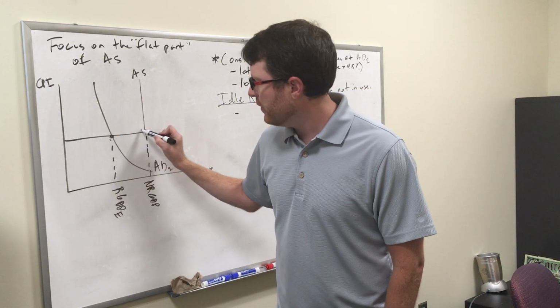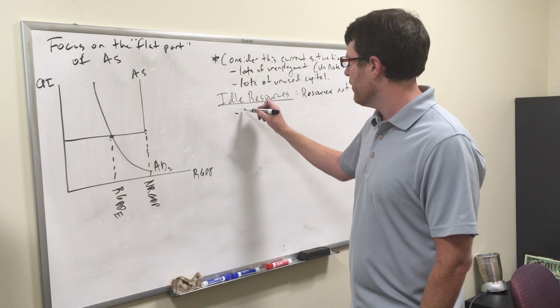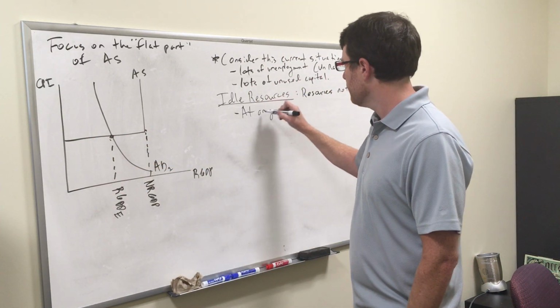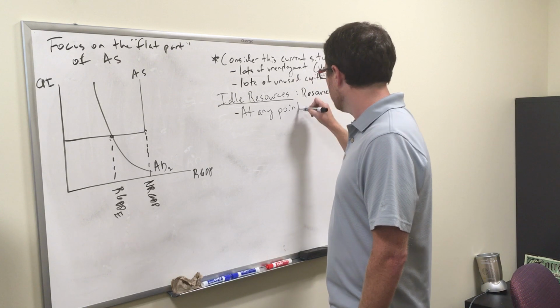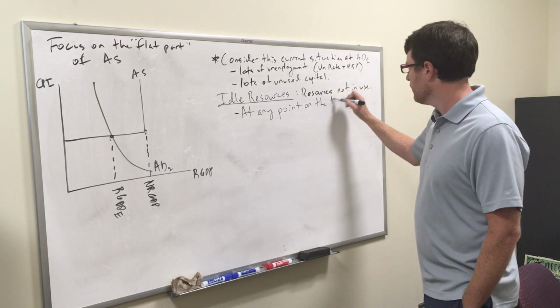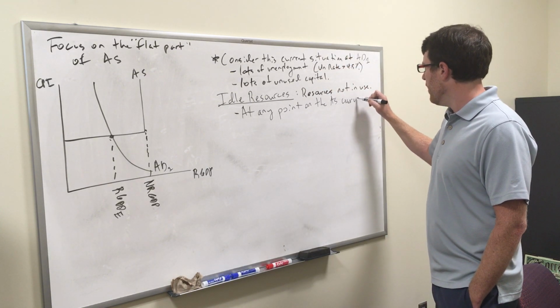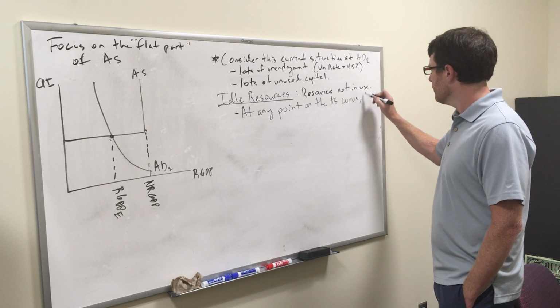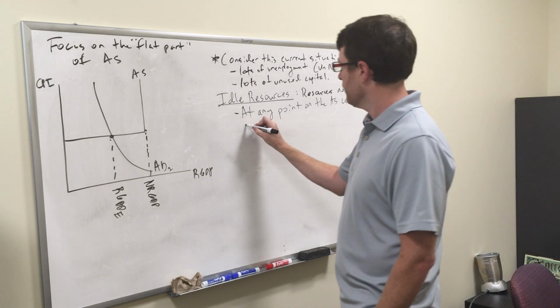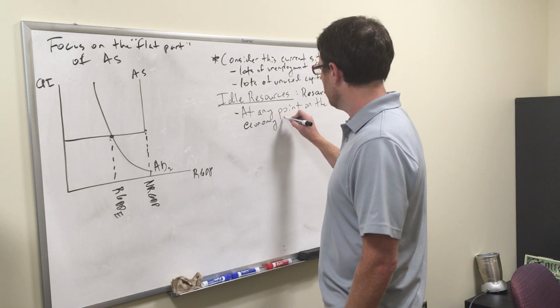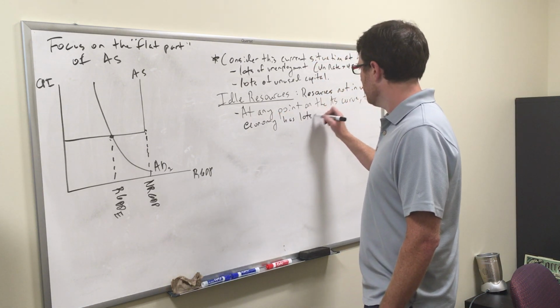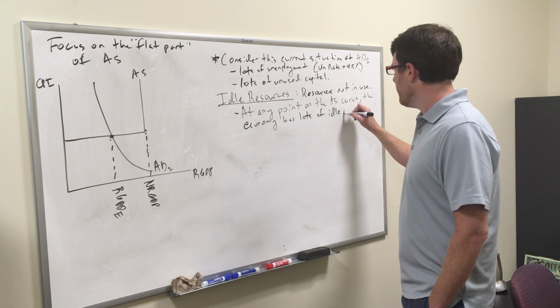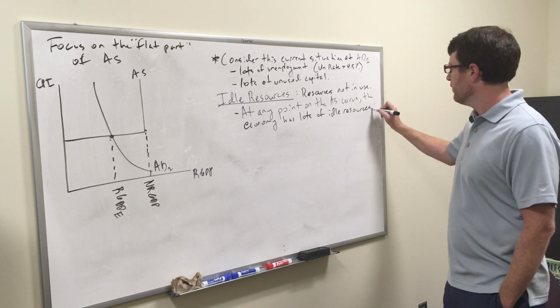And any point on this flat part on the aggregate supply curve, there are unnecessary idle resources. So the economy has lots of idle resources.